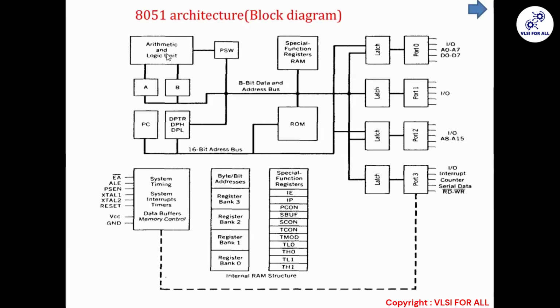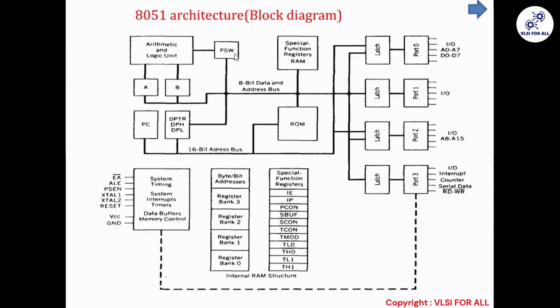Whereas after that operation, if a carry is generated, auxiliary carry is generated, or overflow is happening, this type of thing will be noted by whom? By the program status word. This is one register which is called a special function register.